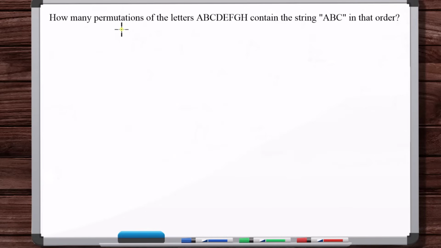How many permutations of the letters A, B, C, D, E, F, G contain the string ABC in that order?